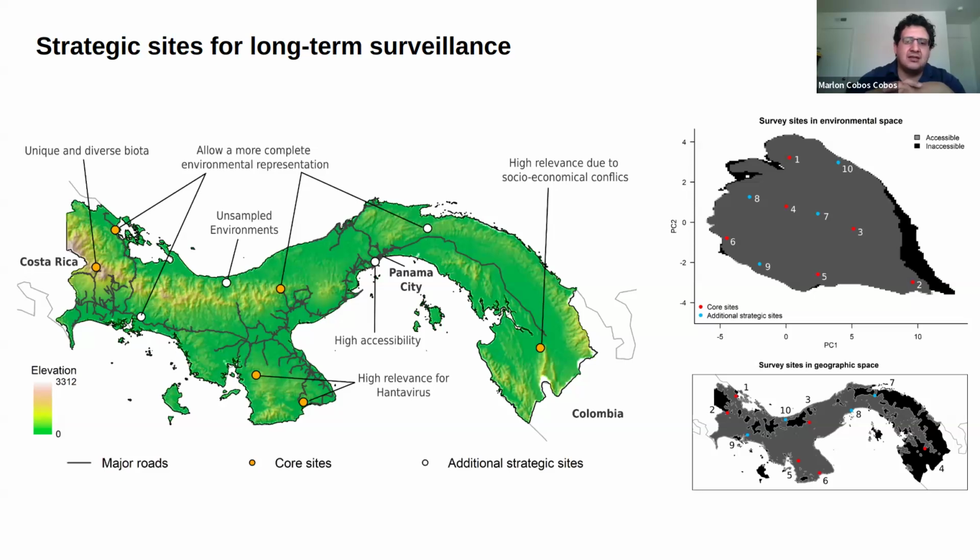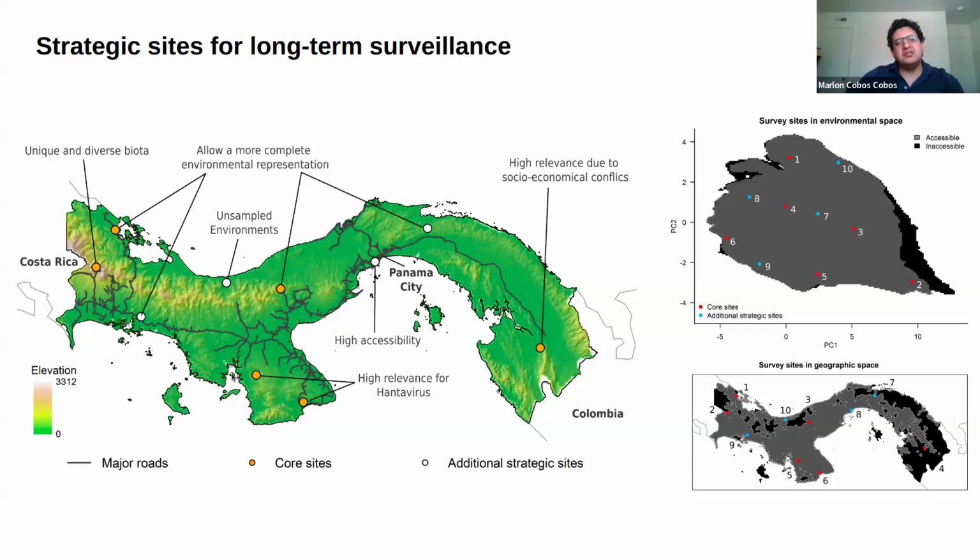This point over here is of high relevance because of all the Darien socioeconomic dynamics that happen over here in migration of people. And this point over here is very interesting because it has very unique and diverse biota. These points over here are crucial still for the country because hantavirus hasn't stopped being a problem over here.